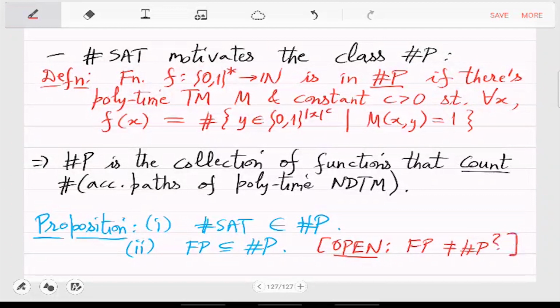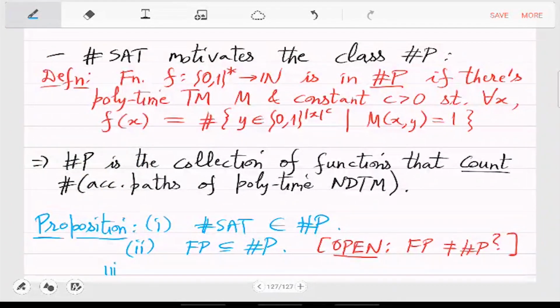In a way, if you want to show that P is not equal to NP, then this also you have to show. This is implied by P different from NP, right? Because the contrapositive is if FP is equal to #P, then clearly P is equal to NP. So this is something that you have to show if you want to show P not equal to NP.